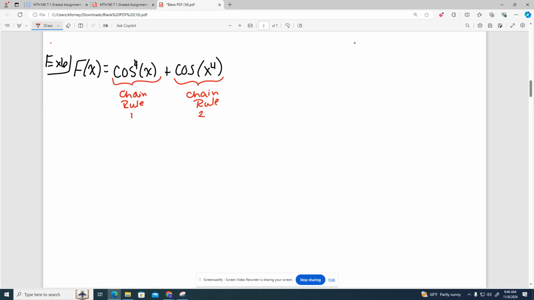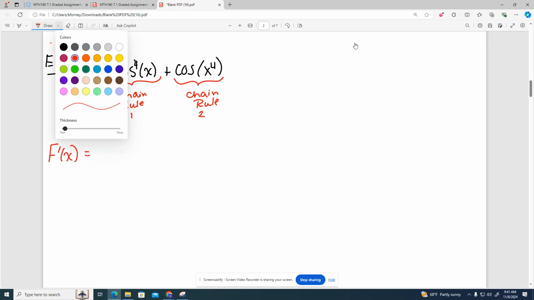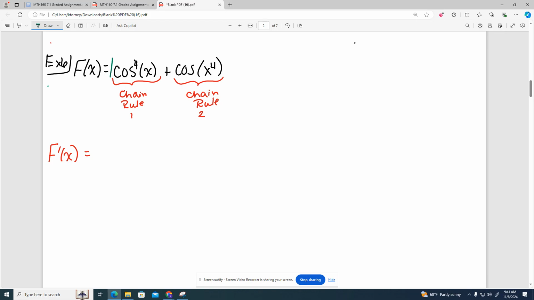So, to take the derivative, we're all obviously going to put all of this together, but let's think about cosine. Let's think about what this means. This is equal to this.